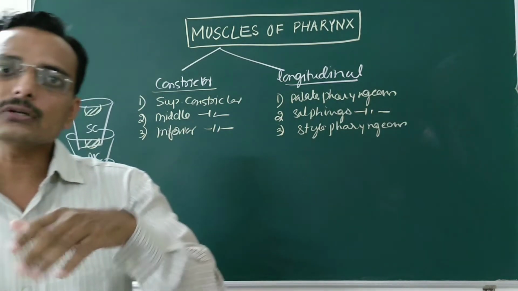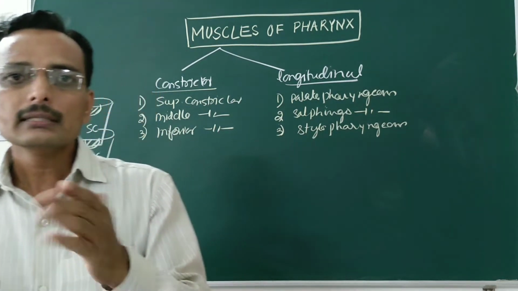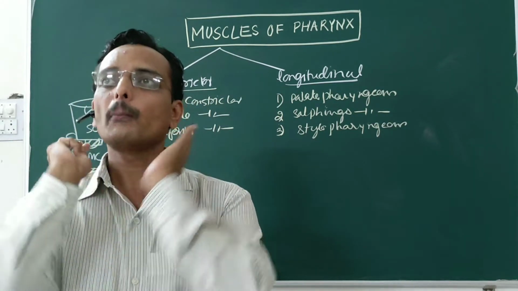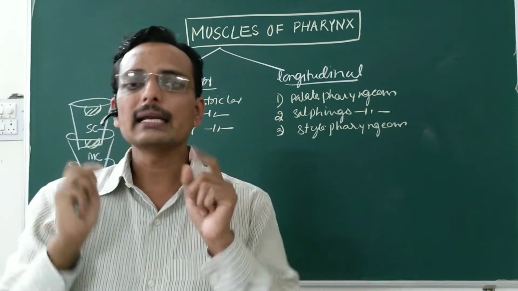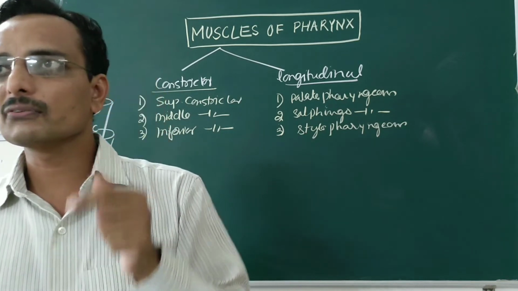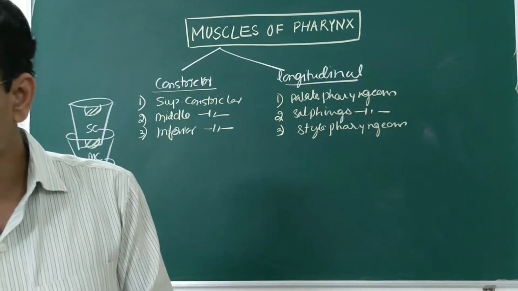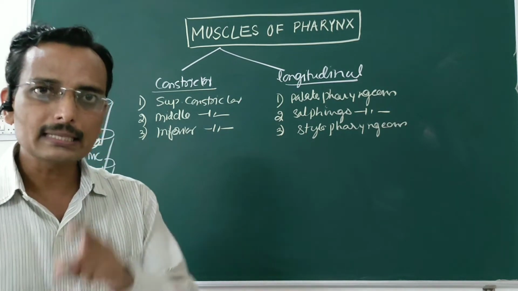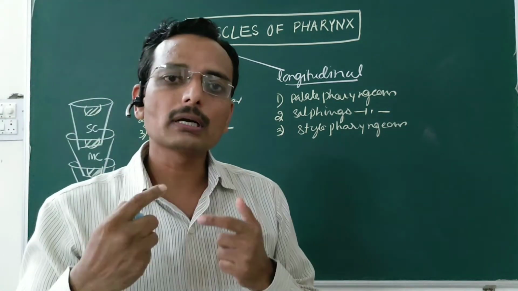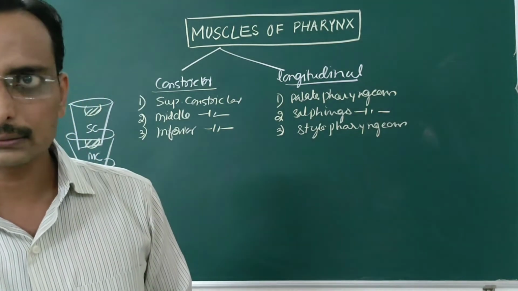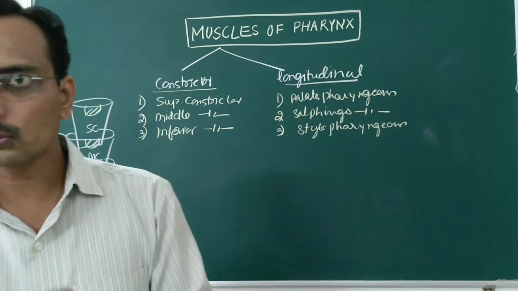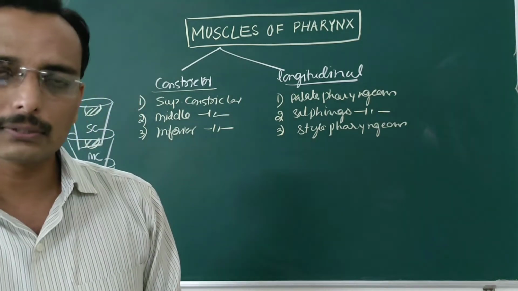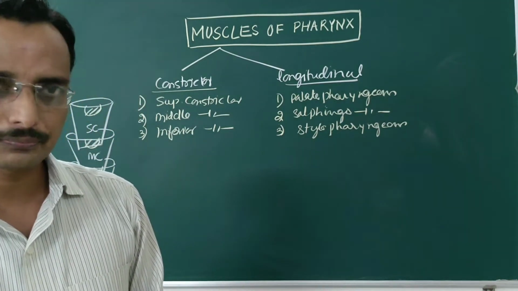They originate from the posterior margin of these openings, go backward and are inserted on the median pharyngeal raphe. The median pharyngeal raphe extends from the pharyngeal tubercle to the esophagus. It is a common insertion of the constrictor muscles.